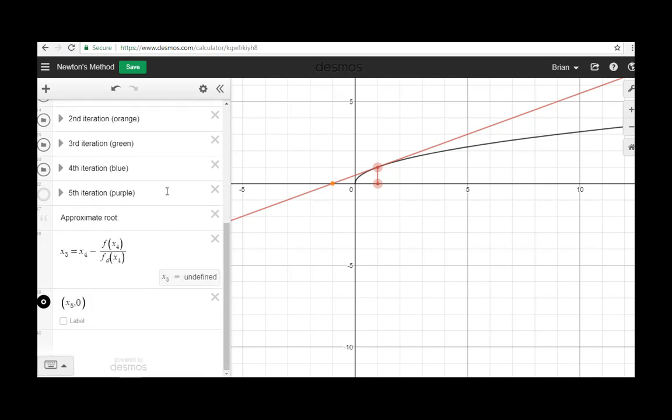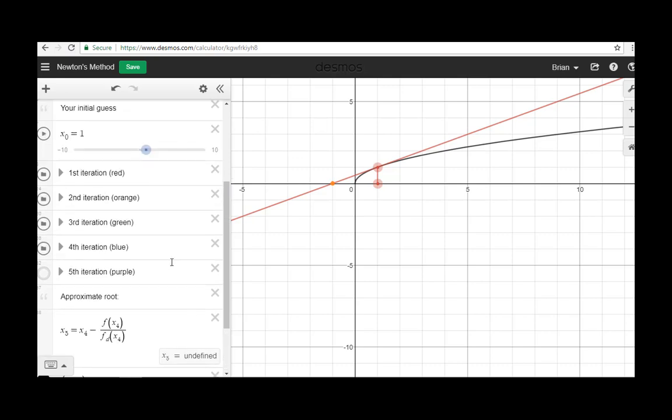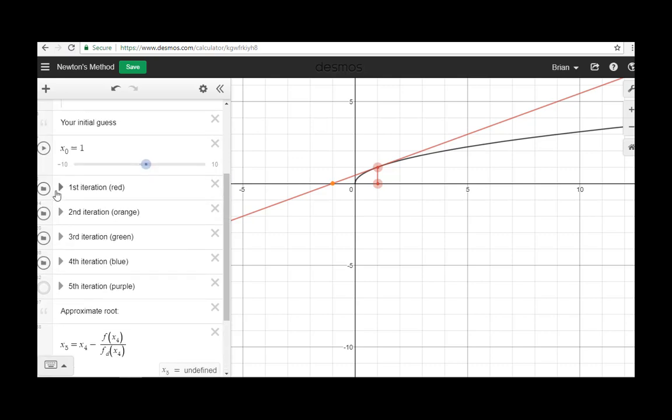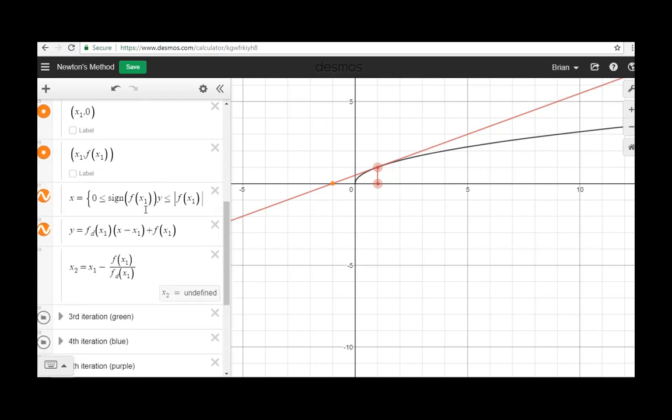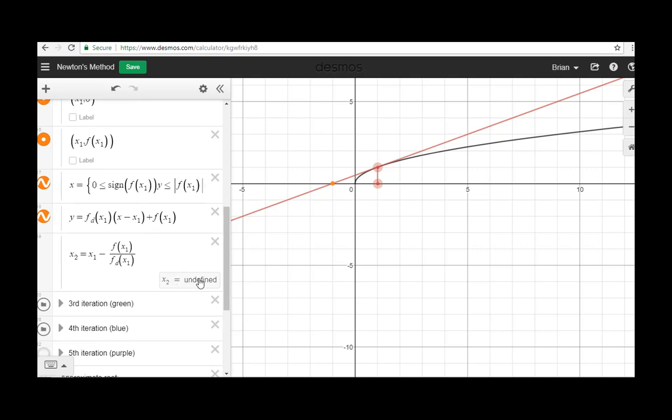So in this case I used the graphical example. Out at the fifth iteration it's undefined, but the reality is even at the second iteration the x-intercept is undefined because there is no function value at that intercept.